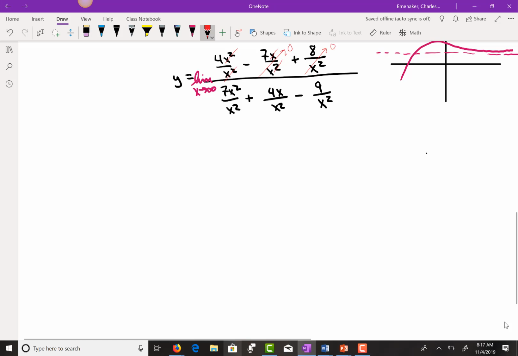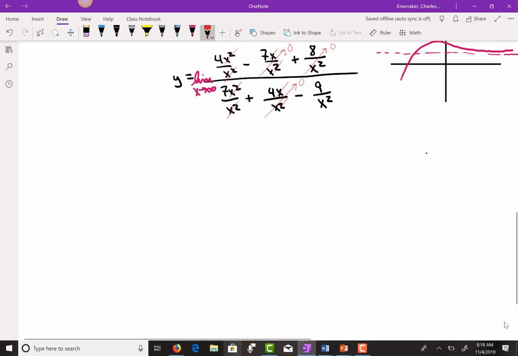In the numerator, all we're left with is 4. You see it? Everything else is gone. And that same scenario is going to play out in the denominator, isn't it? In the first term, the x squareds will cancel, leaving us with just 7. In the second term, one of the x's will cancel, leaving us with 4 over x, but as x gets really big, 4 over x is going to go to, as you already know, 0.